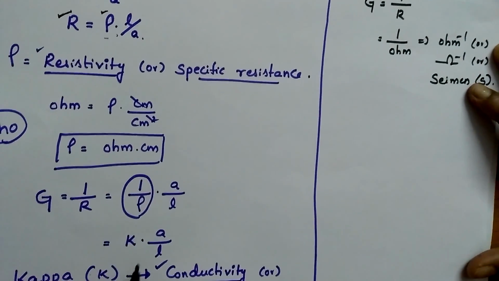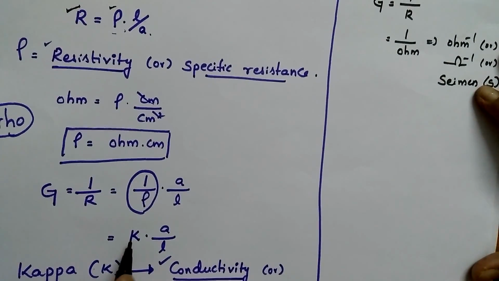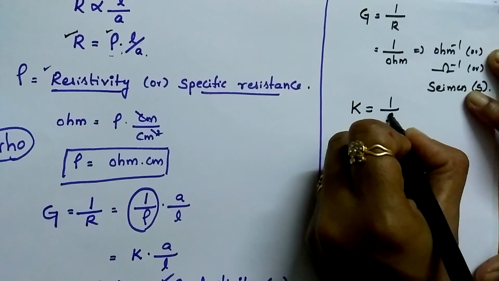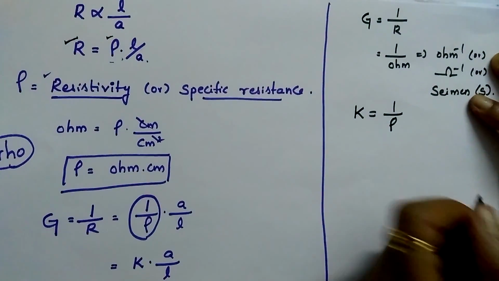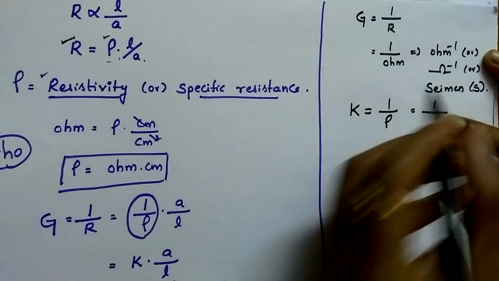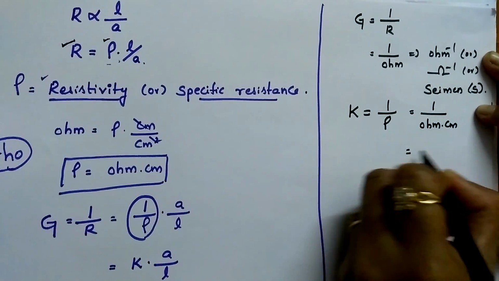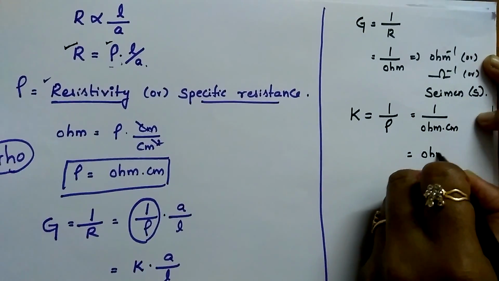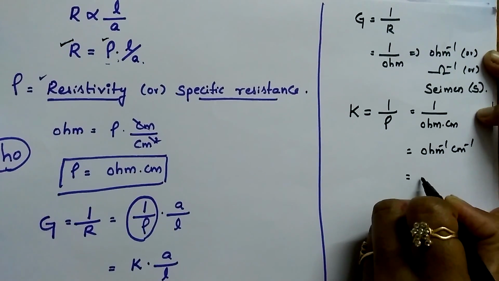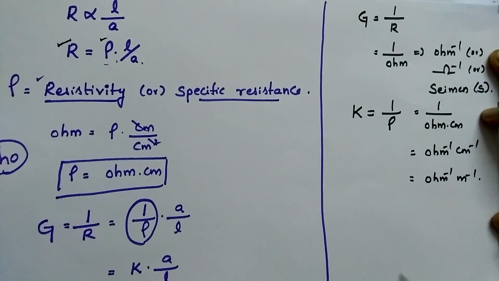Let us discuss the units of kappa, conductivity or specific conductance. Kappa is K equal to 1 by rho, which is inversely proportional to the resistivity. What is the resistivity unit, students? Ohm centimeter. Then the kappa unit is ohm inverse centimeter inverse, or ohm inverse meter inverse.